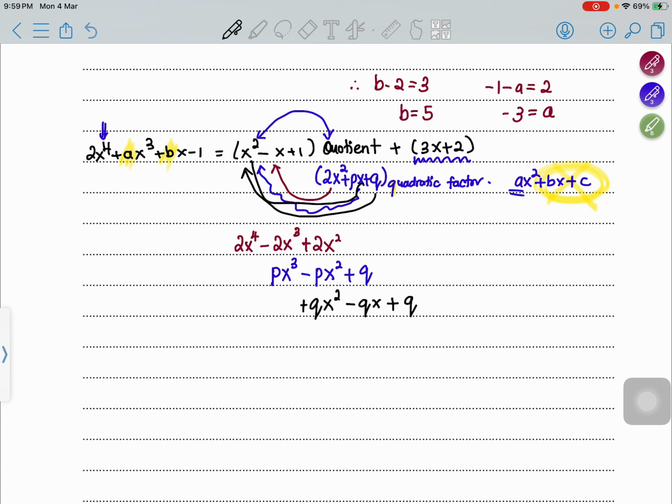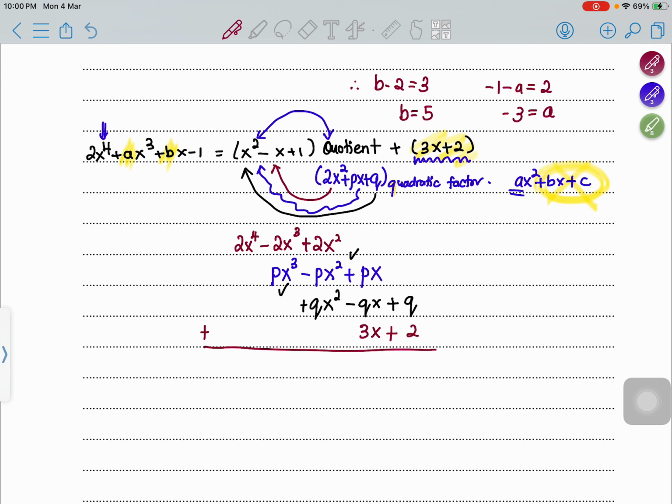Can you see here? It's supposed to be px^3, correct? px^2, correct? And then it's a px. So this term is wrong. Yeah, I'll erase and do it again. So this is a px. Okay, don't forget your 3x + 2, your remainder, and you align them as well.